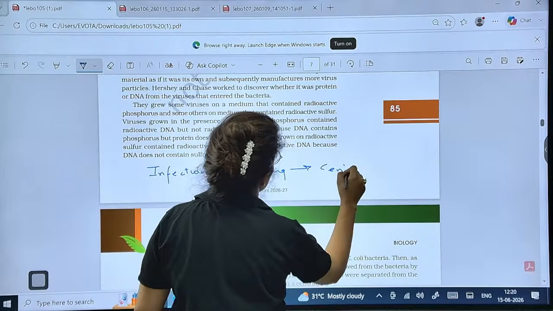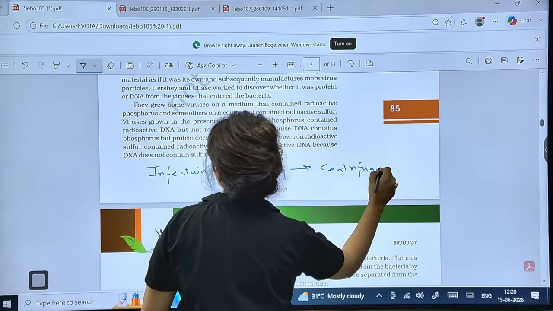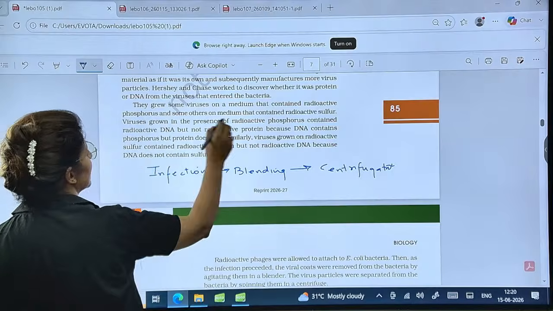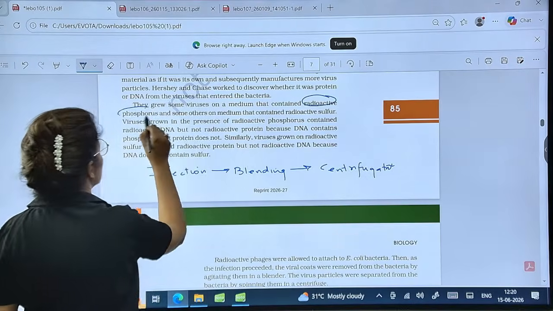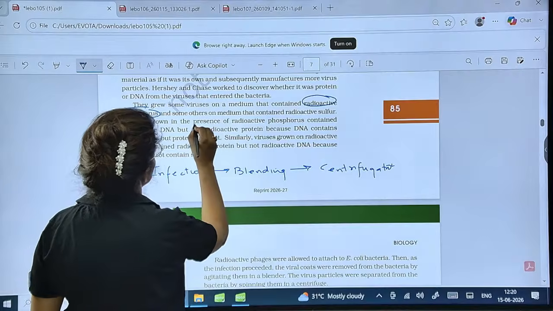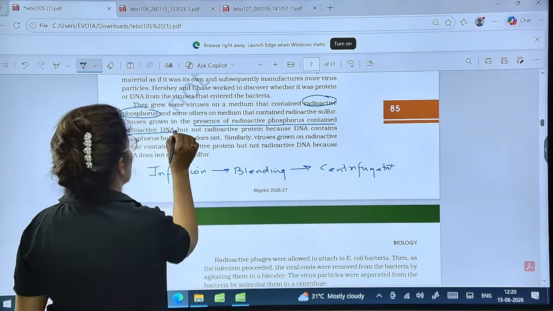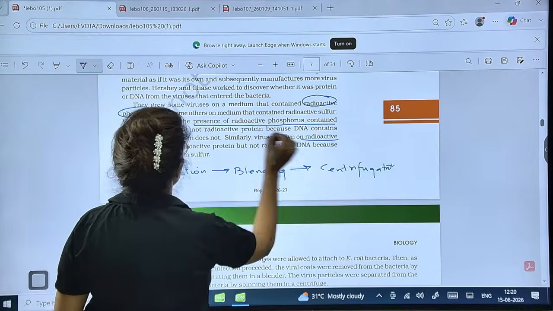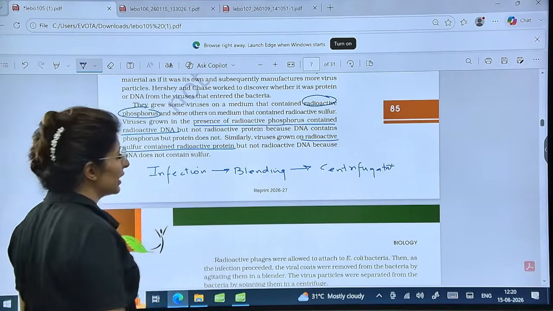See here. During infection, they grew some virus on a medium containing radioactive phosphorus. The radioactive phosphorus led to radioactive DNA, and similarly, radioactive sulfur made the protein radioactive.